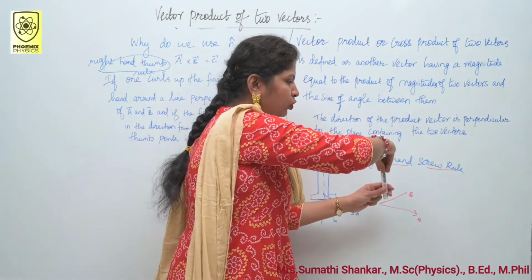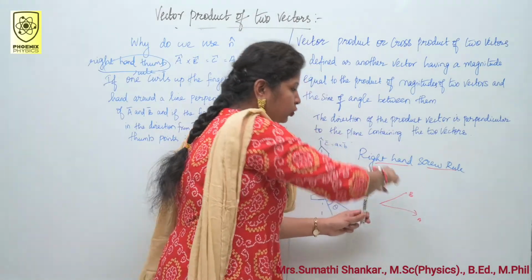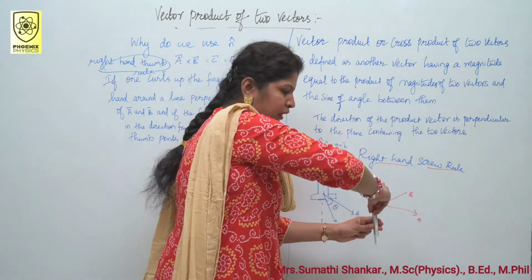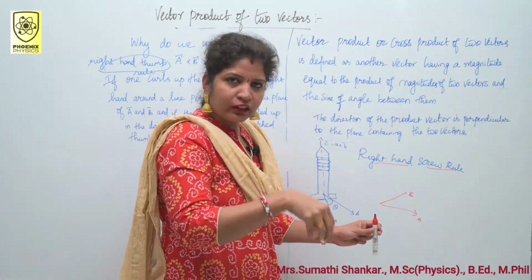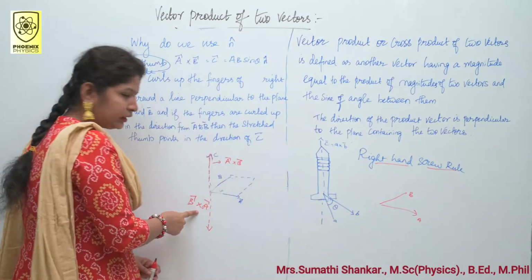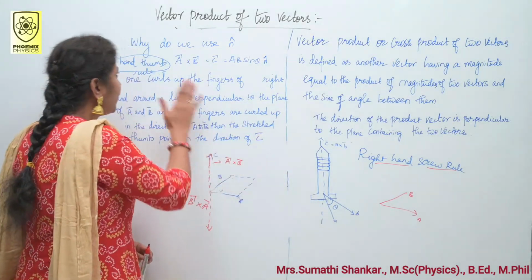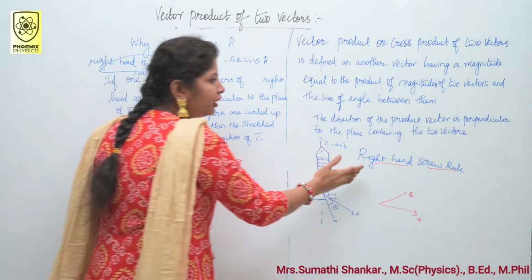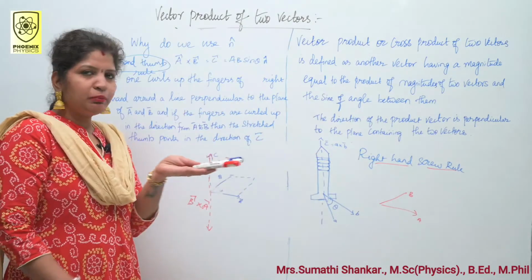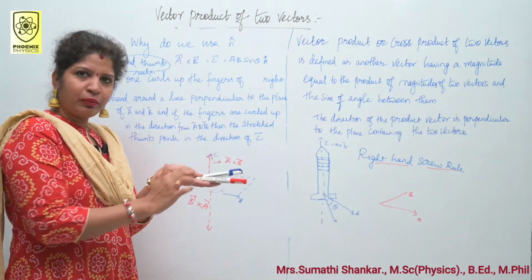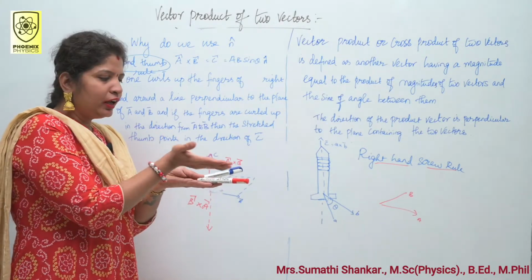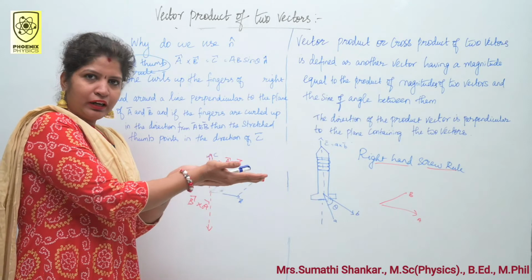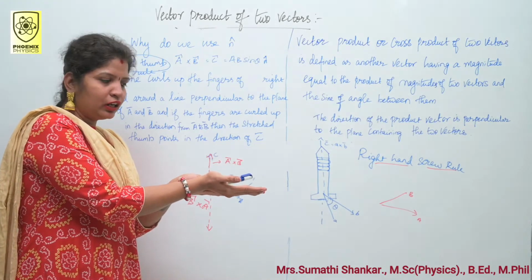Suppose you rotate the screw from B to A like this, the tip of the screw points in the downward direction like this. So we can use either right hand thumb rule or right hand screw rule. Imagine these two are my A vector and B vector. Place your right hand palm like this, along the A vector direction.